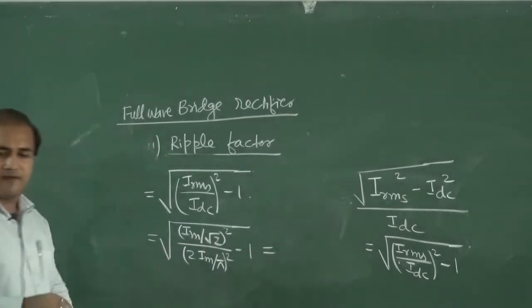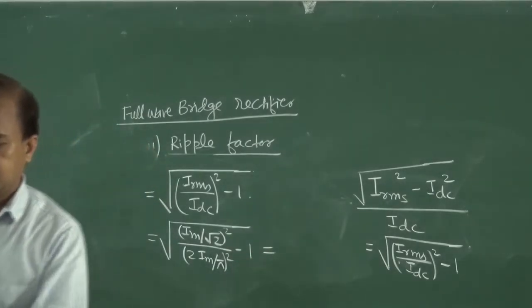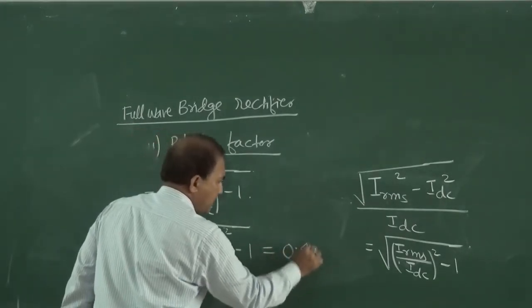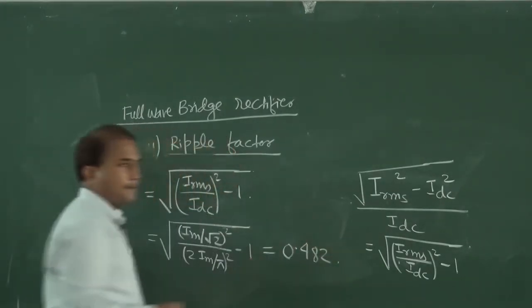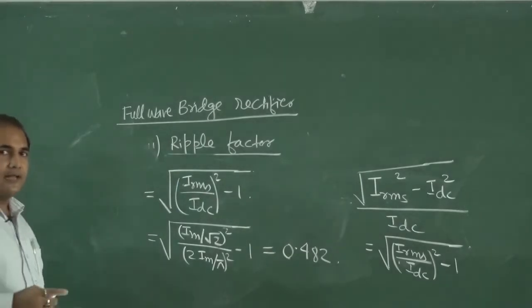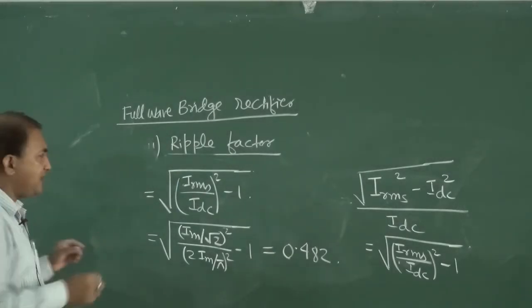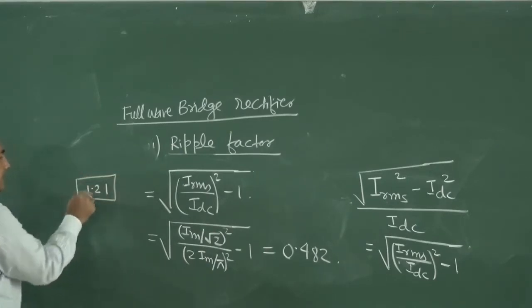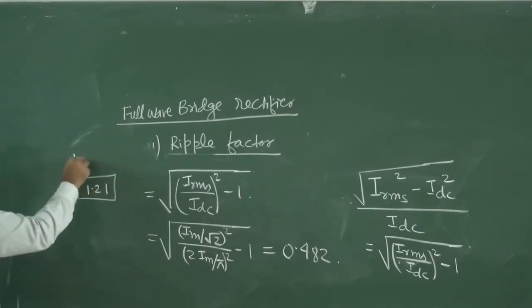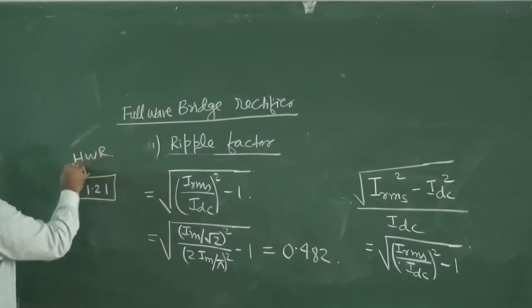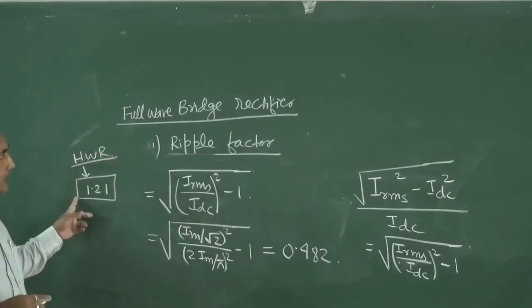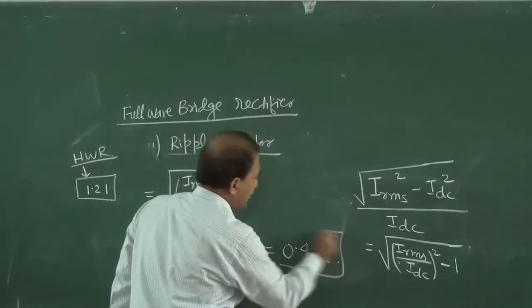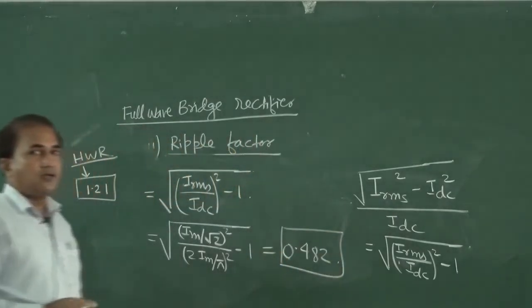Finally, it is equal to 0.482. In case of a half wave rectifier, it was coming as 1.21. In case of a full wave bridge rectifier, the ripple factor is coming as 0.482.